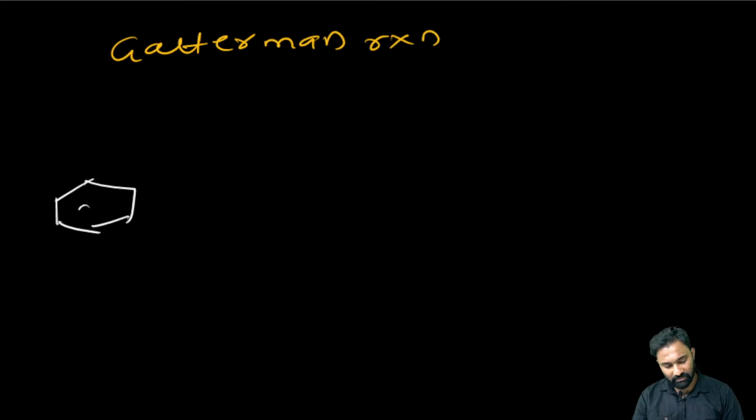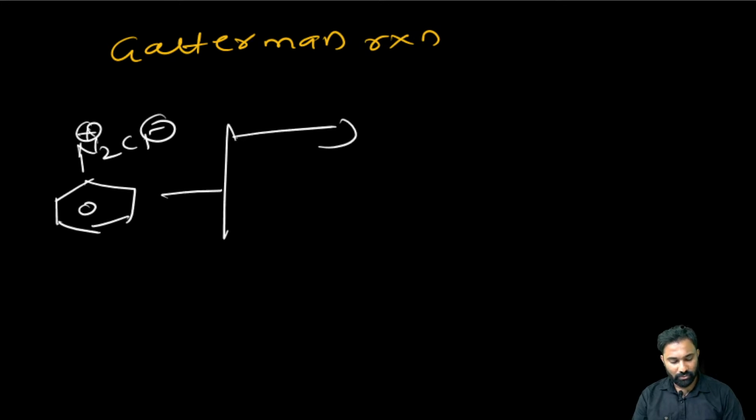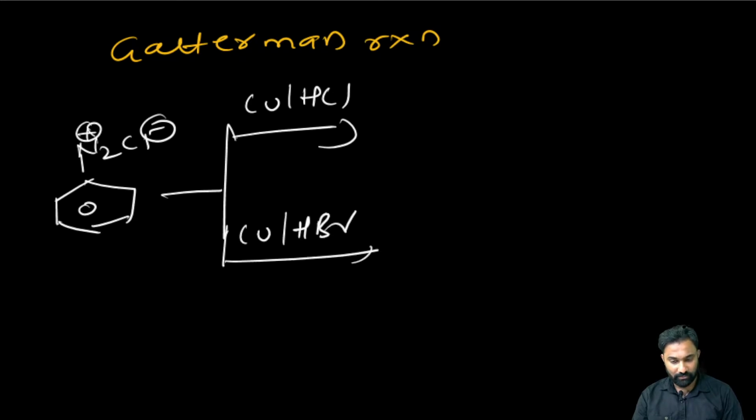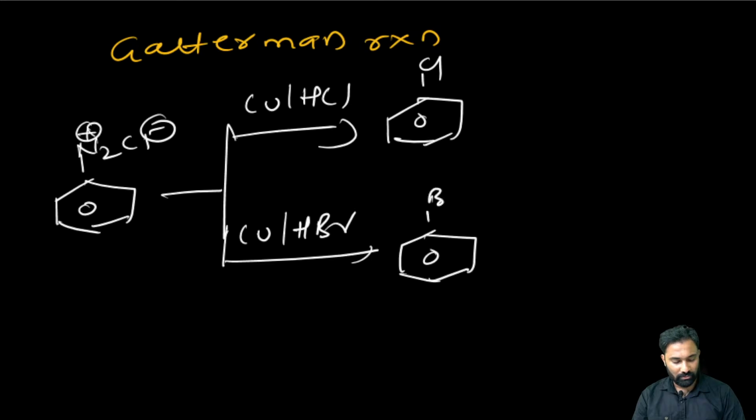Next, the other type of reaction is the Gattermann reaction. In this Gattermann reaction, again we have benzene diazonium chloride in the presence of Cu/HCl, and the next one with Cu/HBr. Here we will get chlorobenzene and here bromobenzene. Clear?